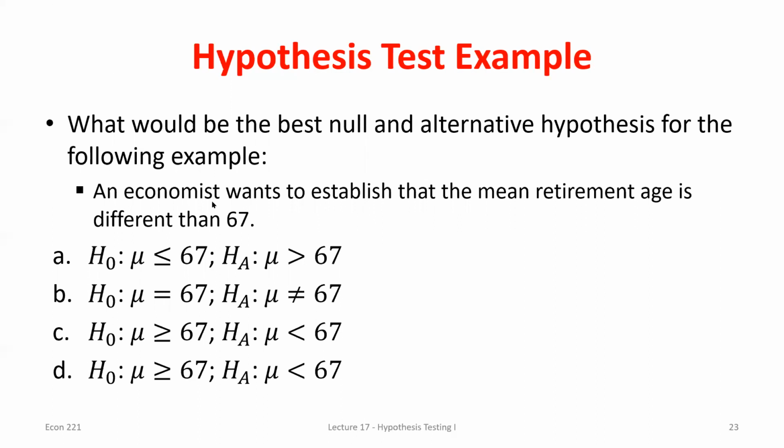Here I want to point out, anytime you see the word different or different than in these word problems, you're probably thinking about a two-tailed test, right? Is it different than, or not equal to, this certain value? That's going to be your alternative hypothesis. So then the null, you just assume that it is equal to that value.